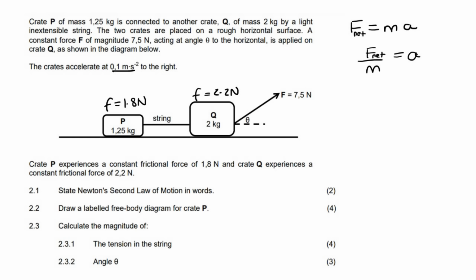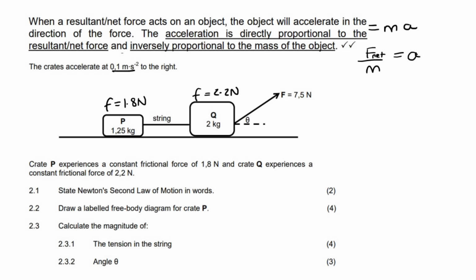So Newton's second law tells us that if a net force acts on an object, the object will accelerate. This acceleration will be directly proportional to the net force and inversely proportional to the mass of the object. So when m is at the bottom, we call that inversely proportional, and when it's at the top, we call it directly proportional. Now let's go get the proper definition.